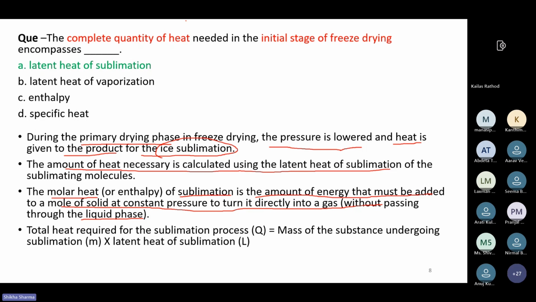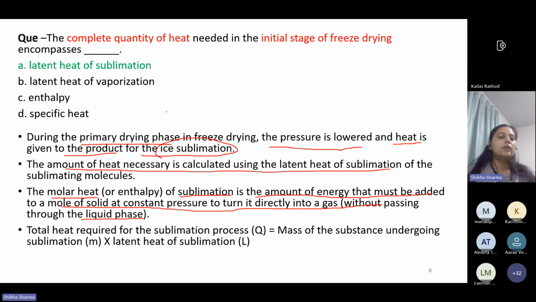So Q equals mass times latent heat of sublimation. So everyone is correct.